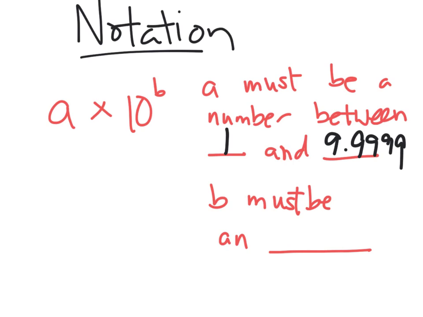If a is not a number between 1 and not 10, it's not what we call scientific notation. And b must be an integer. We've seen that we can have negative exponents, fraction exponents, decimal exponents. We need an integer value as this exponent. And if these two conditions are met, the number is what we call a number in scientific notation.